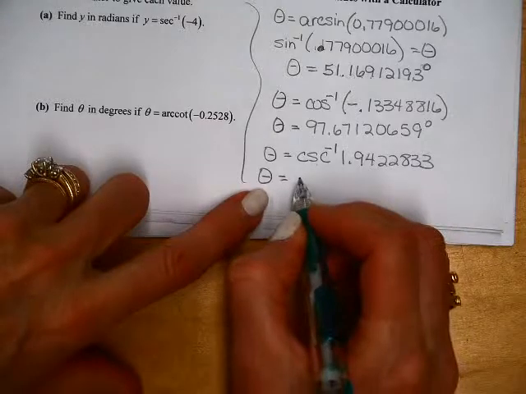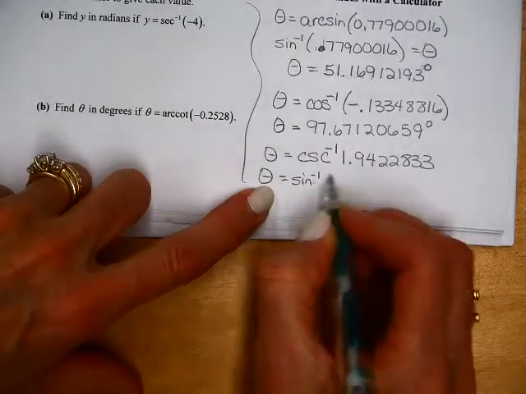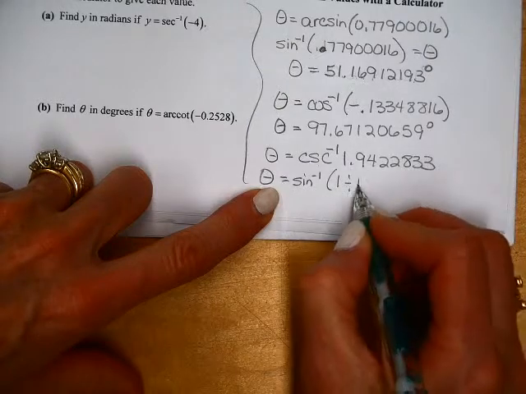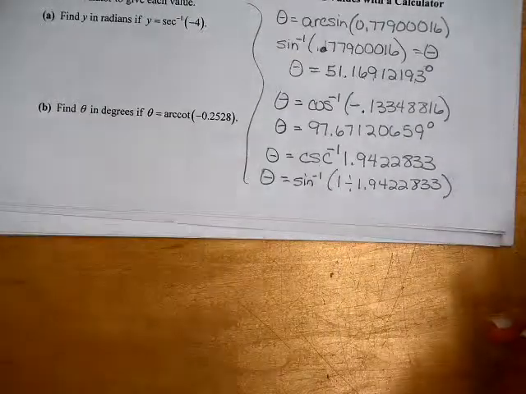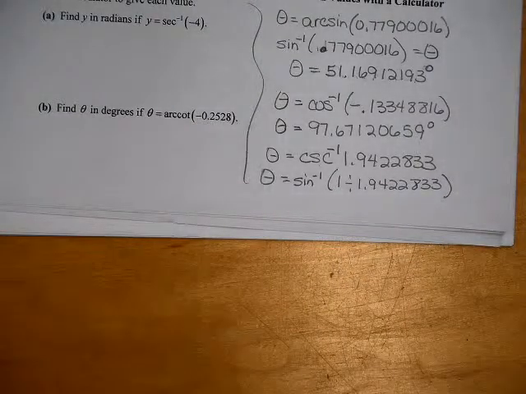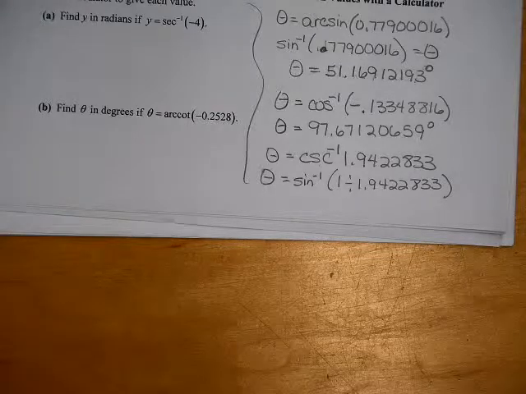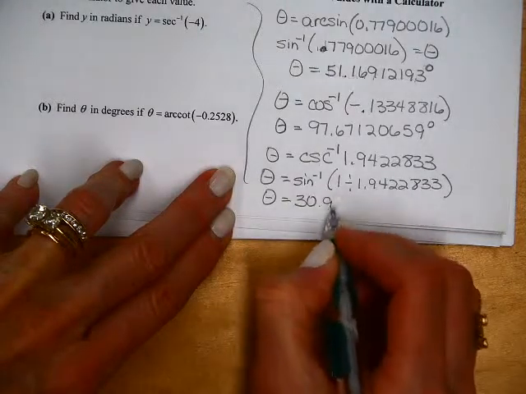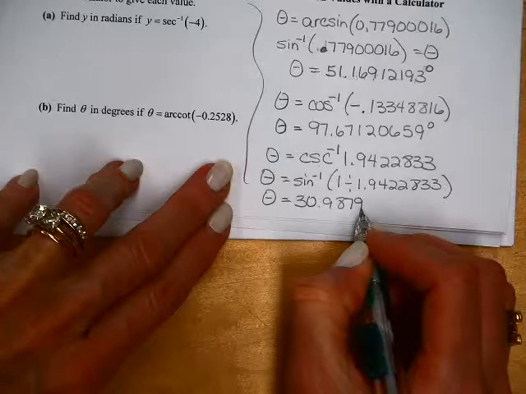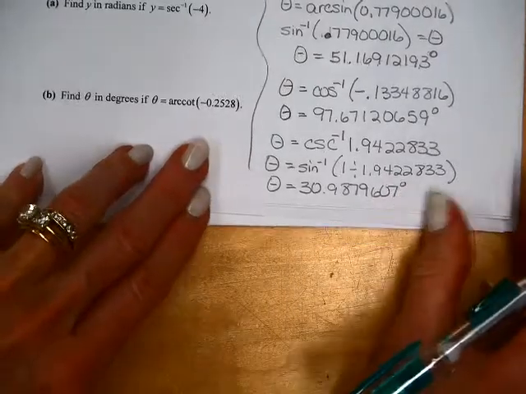So it would be second sine, the second sine, and then 1 divided by all that stuff like there. And you could get it all at one time. So second sine 1 divided by. And I got 30.987 degrees.